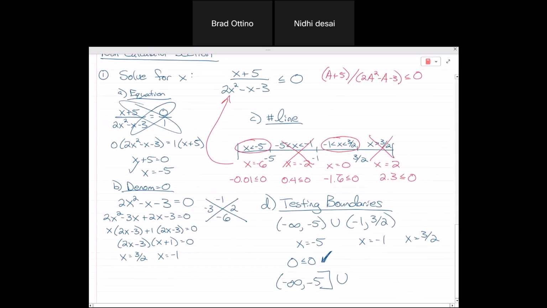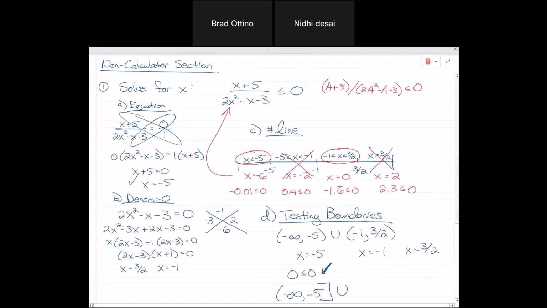Yeah, so this would be the non-calculator section. So I guess you wouldn't be able to store these numbers, right? So you would just have to plug them in by hand. If you were to plug in negative 6, by hand, negative 6 plus 5 is negative 1, divided by negative 6 squared is 36, times 2 is 72. 72 minus negative 6 is 78, minus 3 is 75.